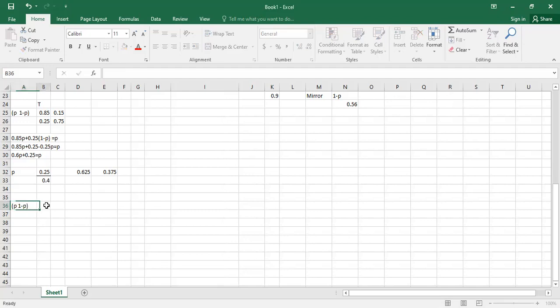Give me the transition matrix. It is 0.9, 0.1, 0.3, 0.7.